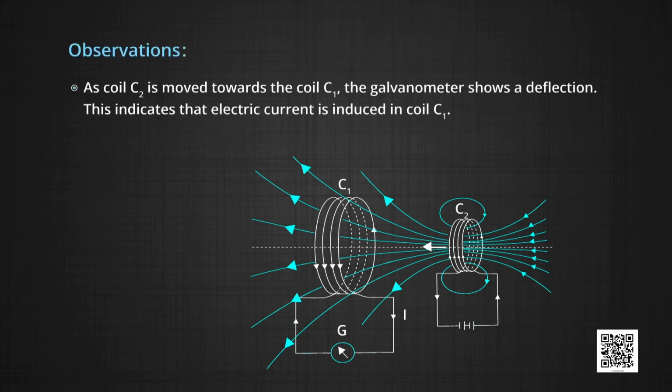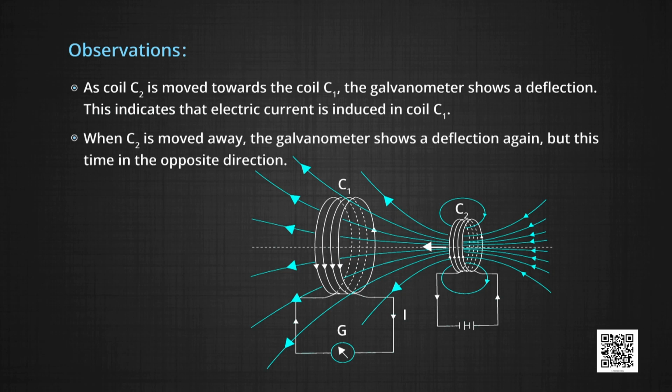As the coil C2 is moved towards the coil C1, the galvanometer shows a deflection. This indicates that electric current is induced in the coil C1. Now, when C2 is moving away, the galvanometer shows a deflection again, but this time in the opposite direction.